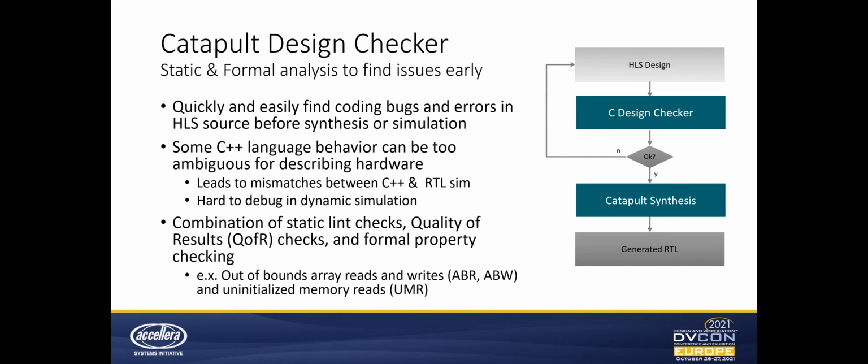Other checks look for quality of results issues, such as suboptimal use of divide or modulo operations, or perhaps when an array size is not a power of 2. Design Checker uses formal analysis to identify out-of-bounds array reads and writes, as well as the potential for uninitialized memory reads. And all of that could result in mismatches between your pre-HLS design behavior and the resulting RTL.